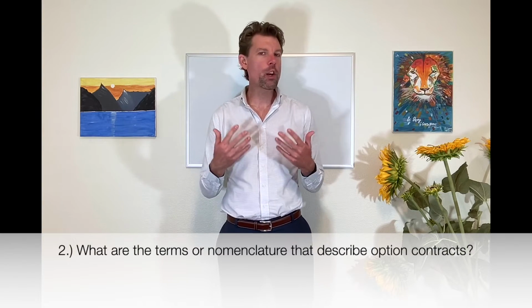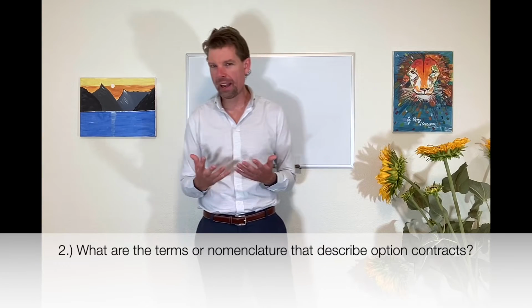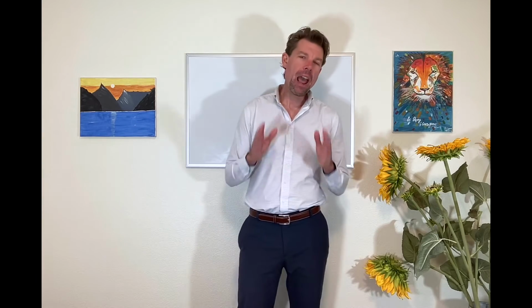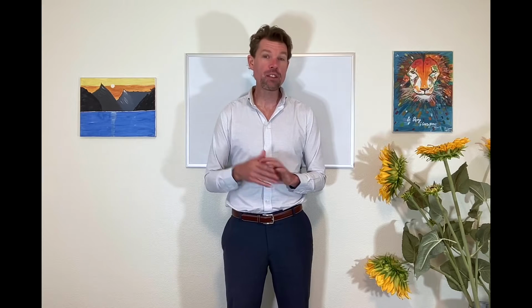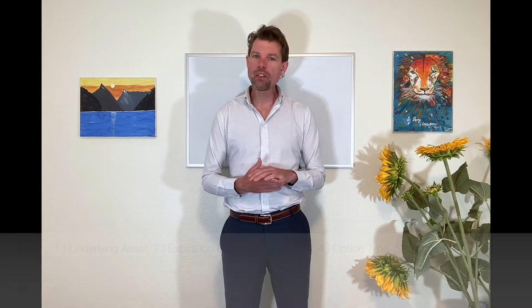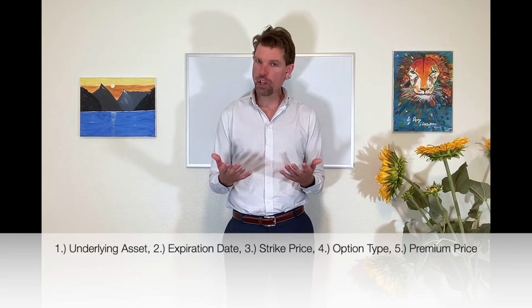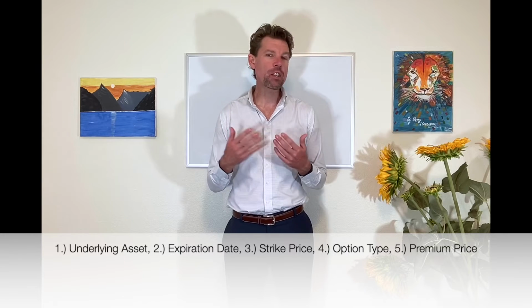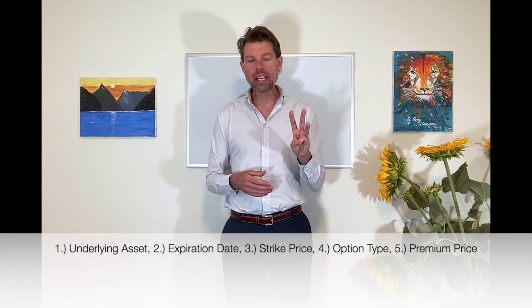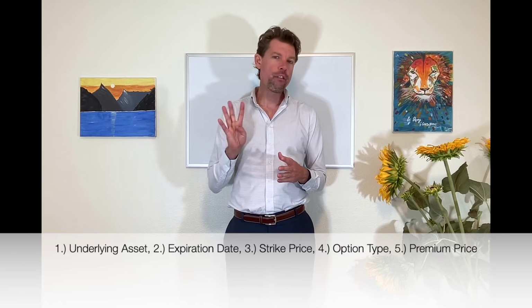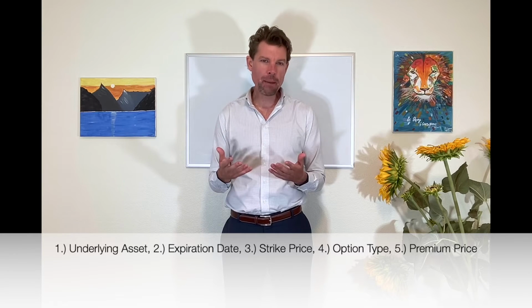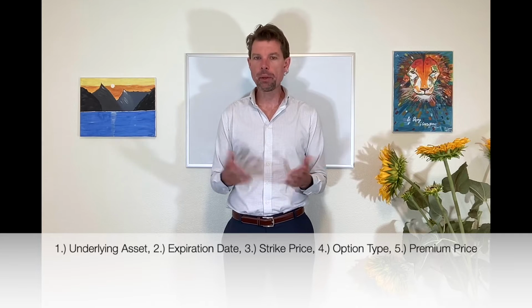Okay, question number 2. What are the terms or nomenclature that describe option contracts? Every option contract is comprised of 5 parts. I will list them in order in which you will see a physical option written. 1, the underlying asset or stock. 2, the expiration date. 3, the strike price. 4, the option type, whether it's a call or a put.